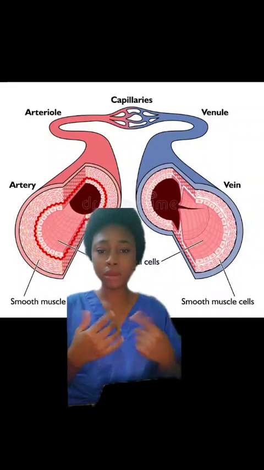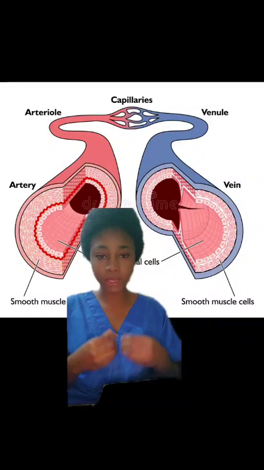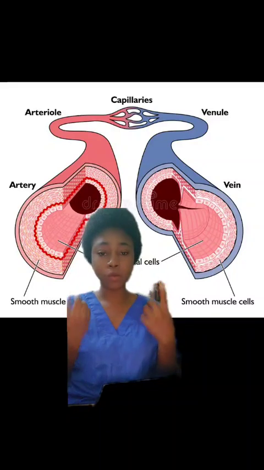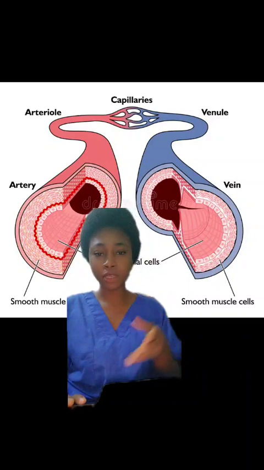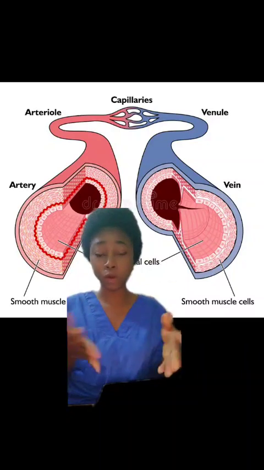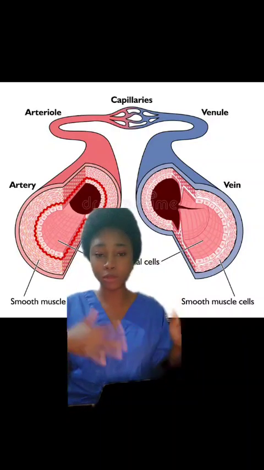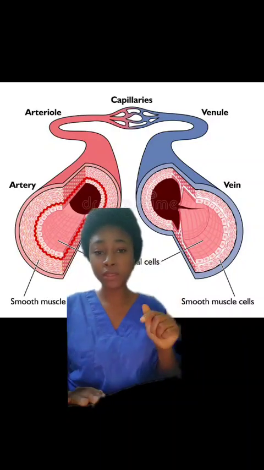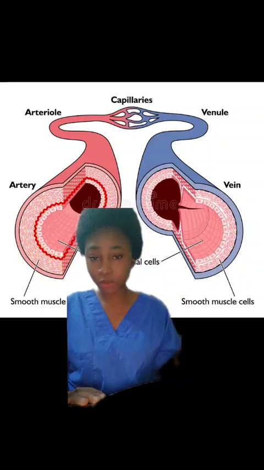The tunica intima, which we know is just made up of the endothelium, one cell layer thick, they're not that thick. And then the tunica media, which normally is made up of smooth muscle and elastic tissue, but for veins they have less smooth muscle and elastic tissue.